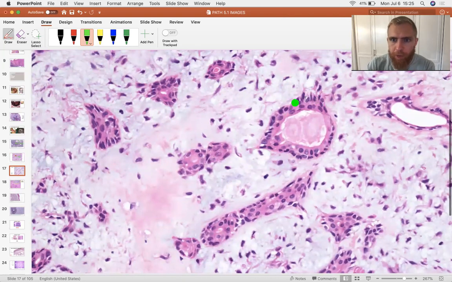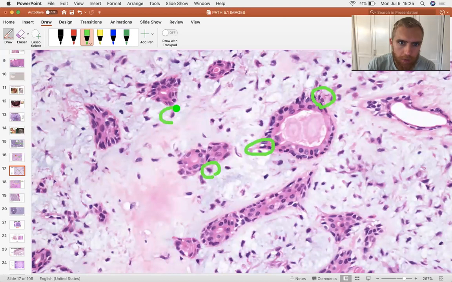A lot of epithelial cells, but then as you start seeing jagged cells with kind of pointy, triangular, spindly shapes to them, those are your myoepithelial cells. Trying to circle a good amount of them right here. That's a myoepithelial cell.